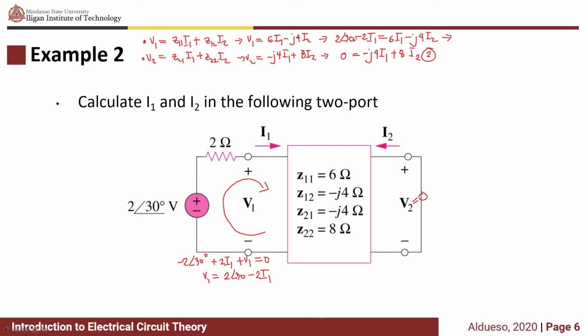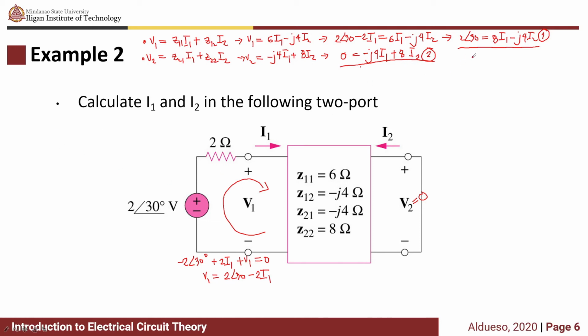And equation 1, we can further simplify: 2 angle 30 equal to 8I1 minus J4 I2. We have two equations, two unknowns. We can now solve for I1 and I2.